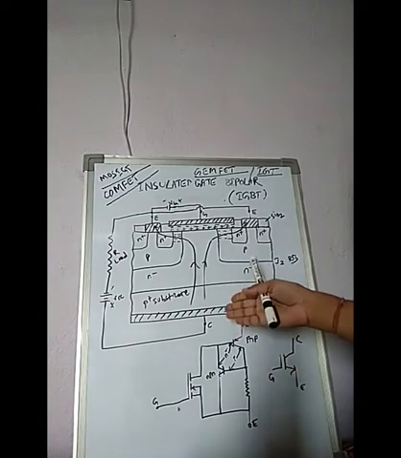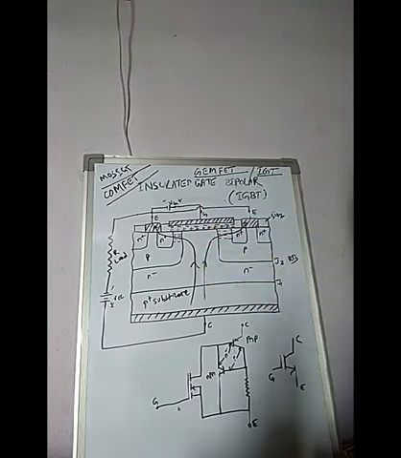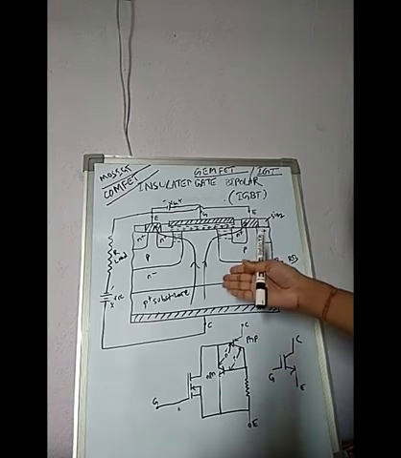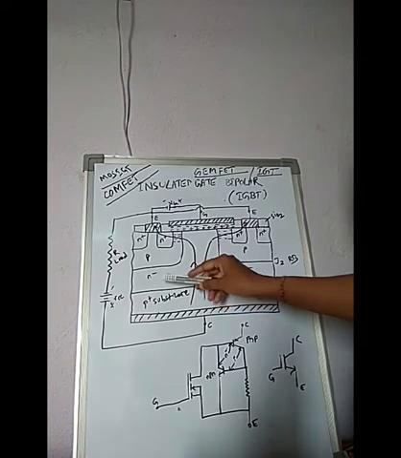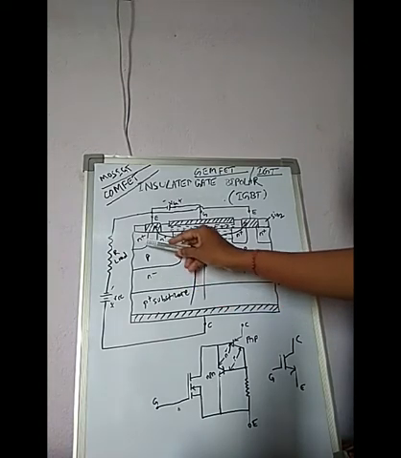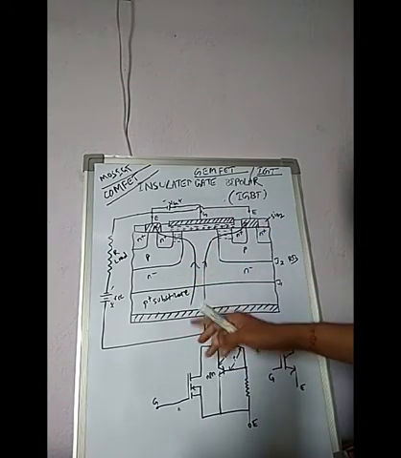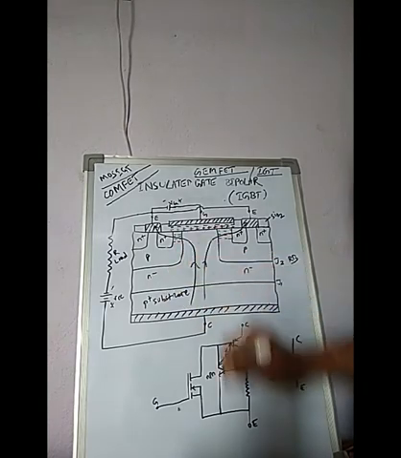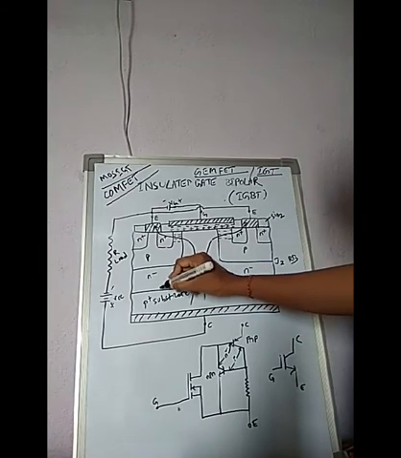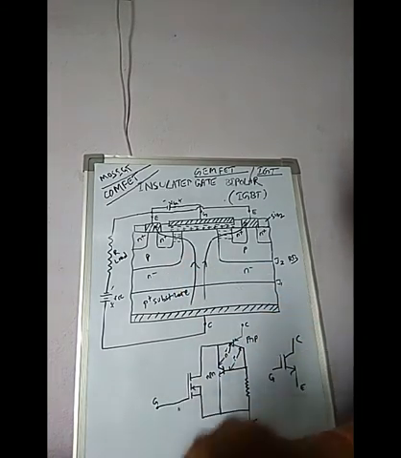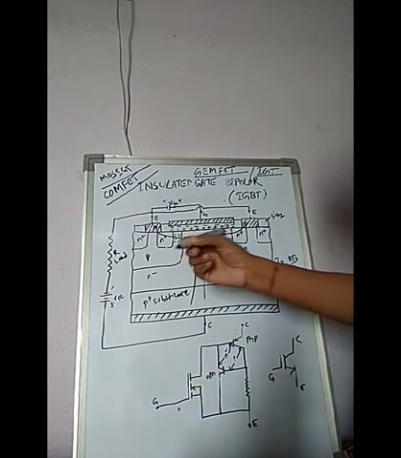Okay, there is another illustration of this structure. Another analysis is done here. Here we have the P plus substrate, N minus, and P layer, then the N plus layer. The three layers P plus, N minus, and P constitute a PNP transistor, like this, I'm drawing here.